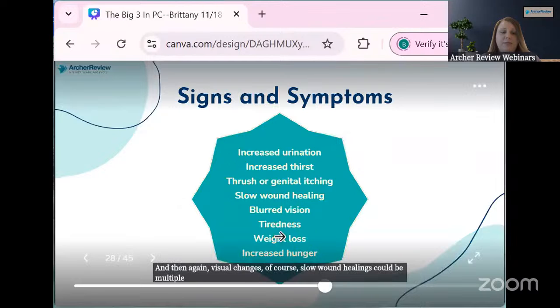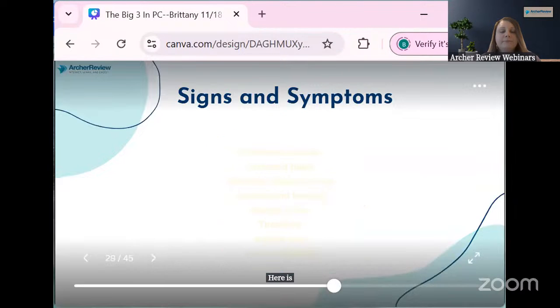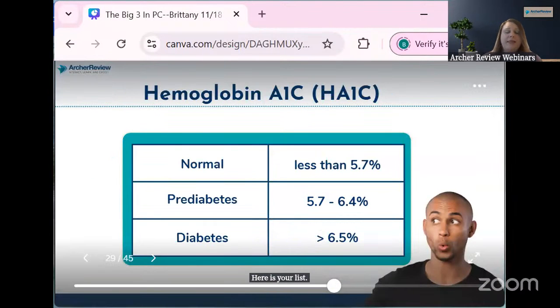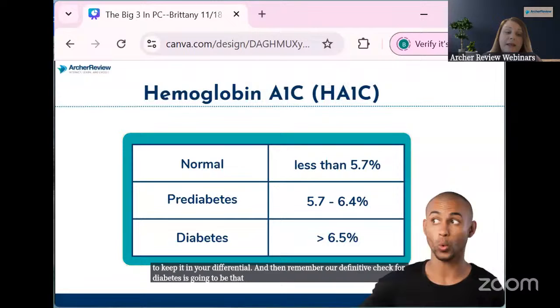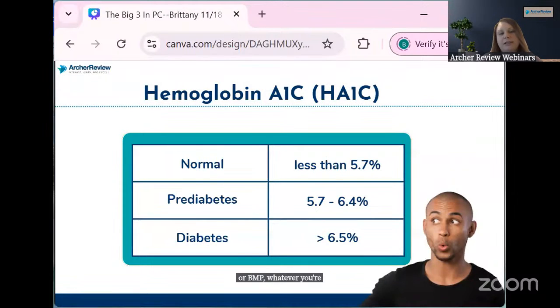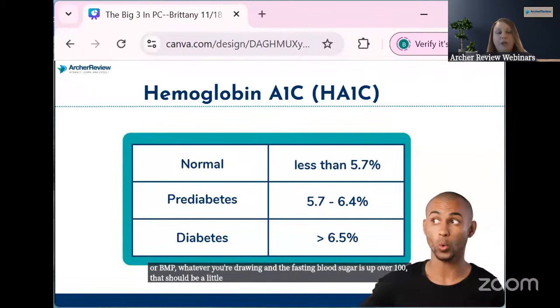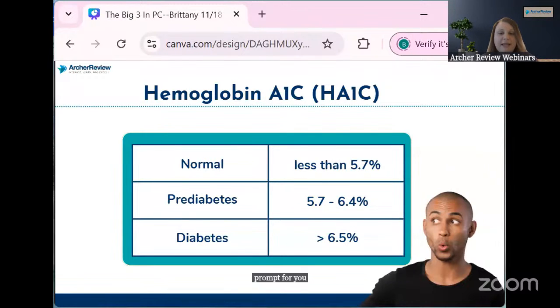Thrush could be multiple things, but in general, here is your list to keep in your differential. And then remember our definitive check for diabetes is going to be that hemoglobin A1C. Now remember, if we see fasting blood sugars on our CMP or BMP, whatever you're drawing, and the fasting blood sugar is up over 100, that should be a little prompt for you to order an A1C on the blood work.